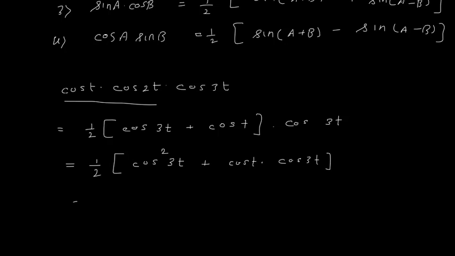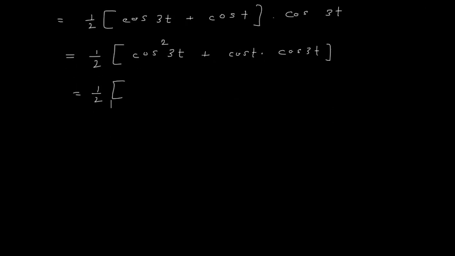So this is 1 upon 2. Now we will apply the formula for cos square theta, which is 1 plus cos 2 theta, that is cos 6t, whole divided by 2, plus here it is 1 by 2. Inside the bracket we will say cos of a plus b, that is cos 4t, plus cos of a minus b, that is cos minus 2t, but it is the same as cos 2t.